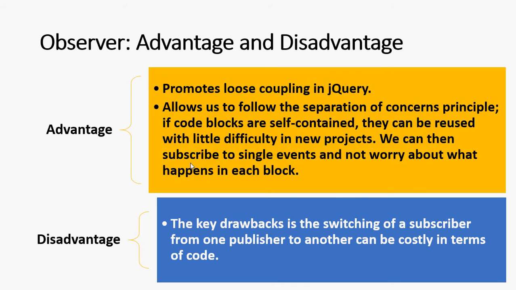But the disadvantage is that switching a subscriber from one publisher to another can be costly in terms of code, because in jQuery you not only need to change the event handler's name, but you may also need to change the main body of your code, because you need to match the parameters in the publisher.